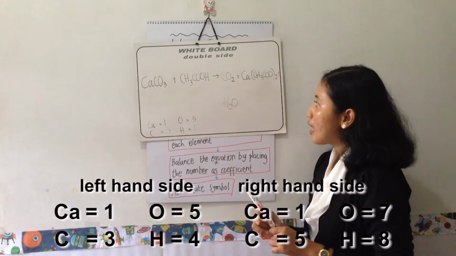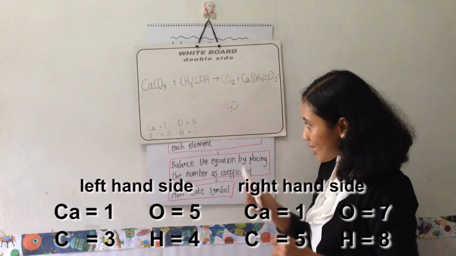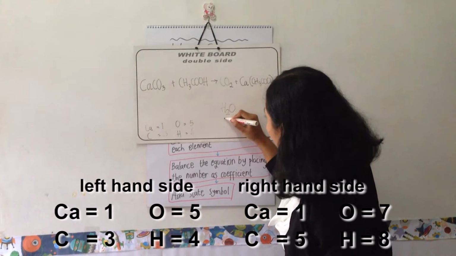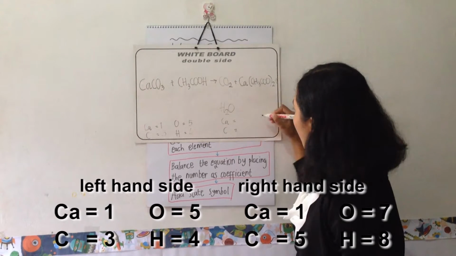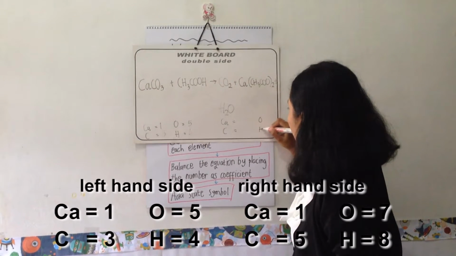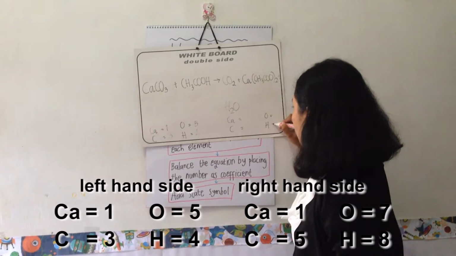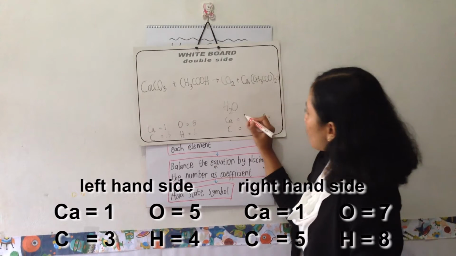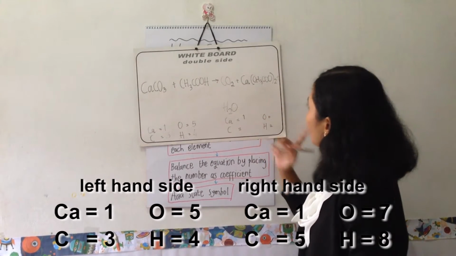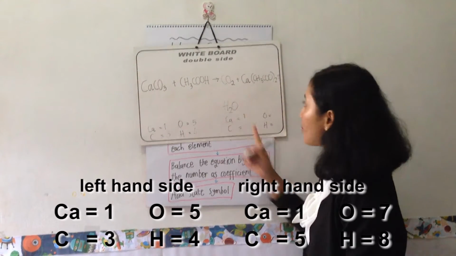Okay. On the right hand side, we have the same calcium, carbon, oxygen, and hydrogen. How many calcium do you see? 1. And then how many carbon?